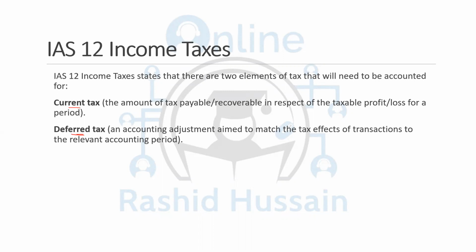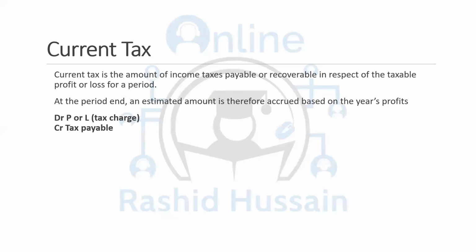When we are talking about IAS-12 in the FR exam, the examiner will be simply testing your knowledge of how you are going to account for those taxes. For example, the current tax. The current tax is simply the current tax provision. We call it the current tax provision.